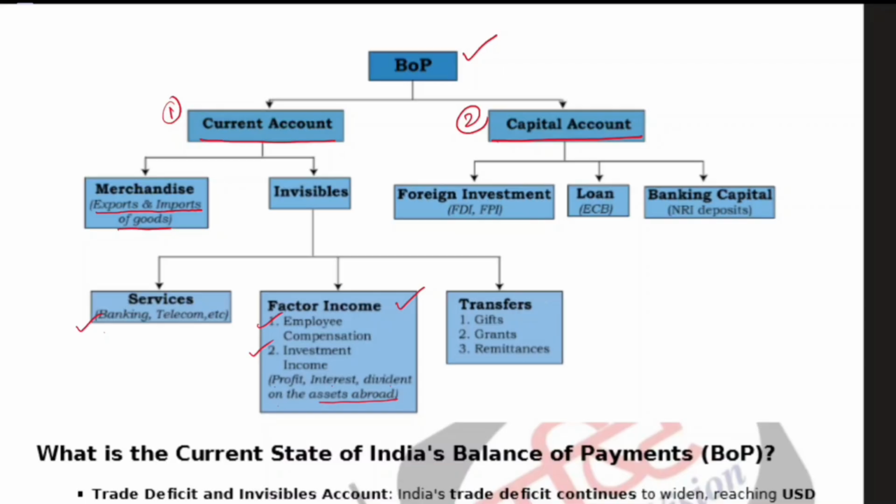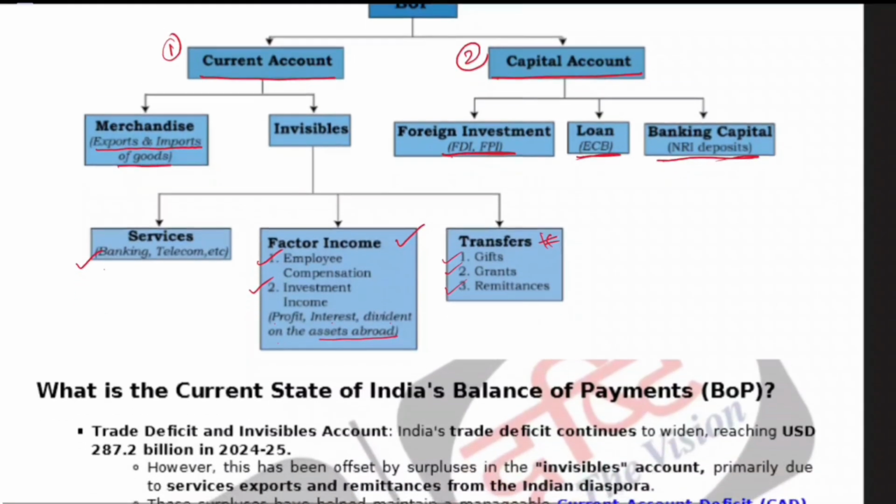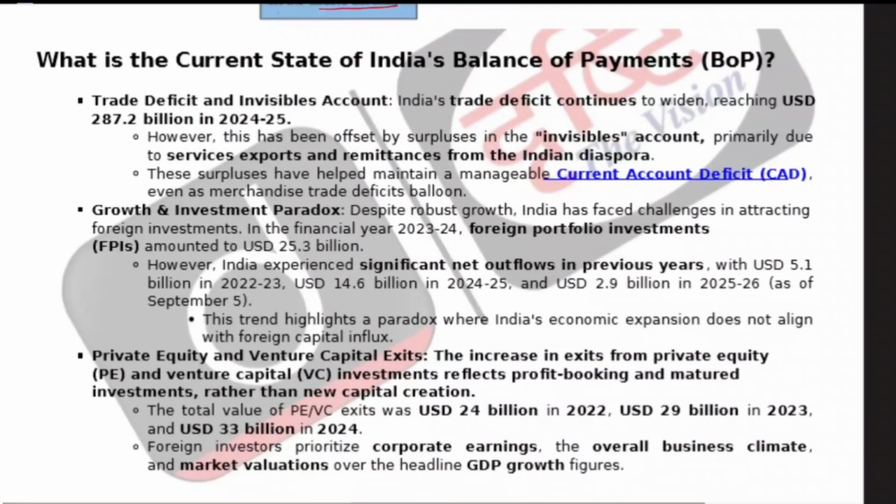Third is gifts, grants, and remittances, that is transfers. In the capital account: FDIs and FPIs, loans, ECBs, banking capital, and NRI deposits. This flowchart is more important.